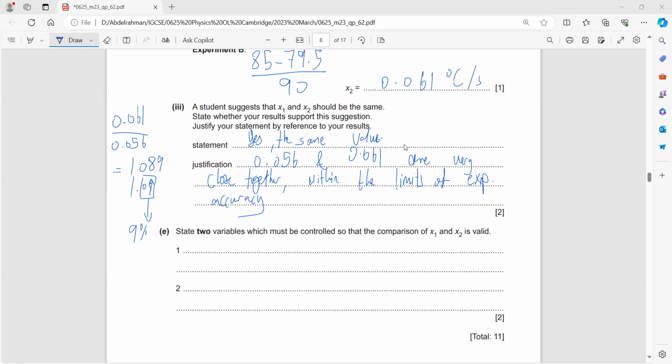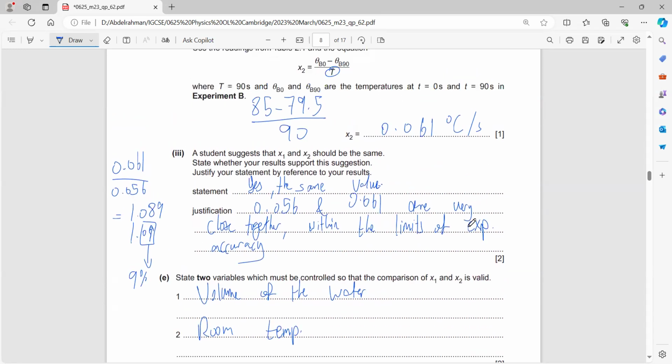Time taken would be wrong. Volume of the water, room temperature. Percentage 15%, yes, 15% is the maximum percentage which could be acceptable.